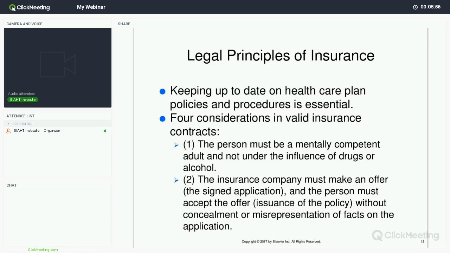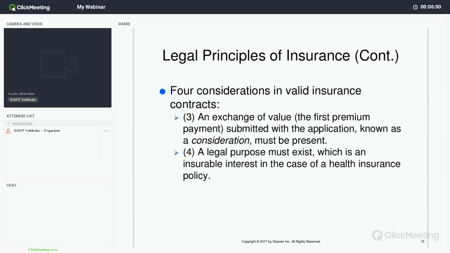The person must accept that offer and then pay for that amount. There must be an exchange of value, meaning the premium is submitted. The person needs to know what the premium is and how much they will be paying. A legal purpose must exist, which is insurable interest in the case of a health insurance policy.